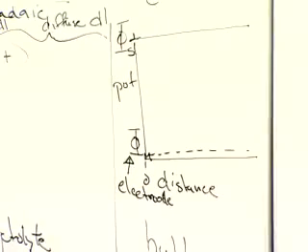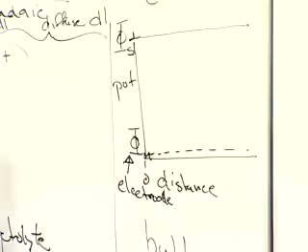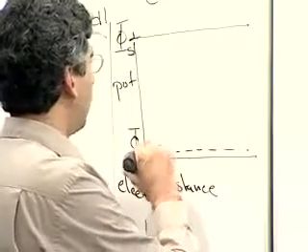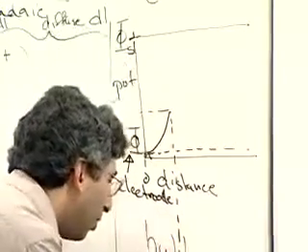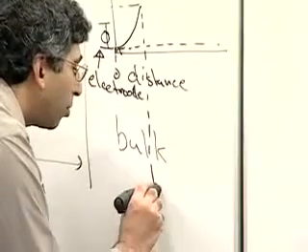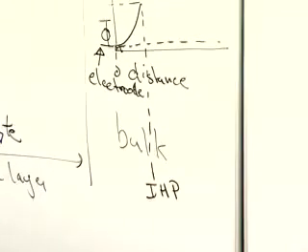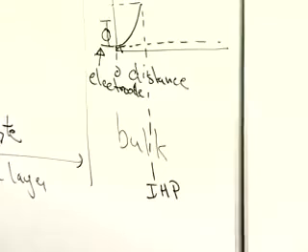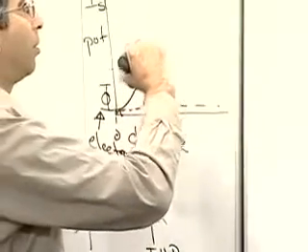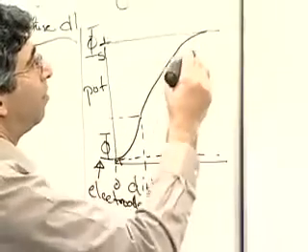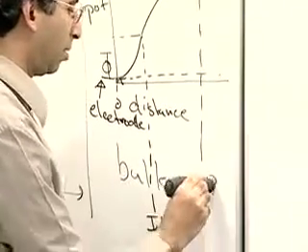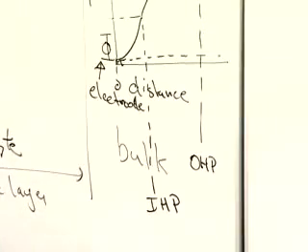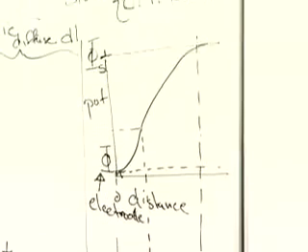That potential drop has to occur through this double layer, so I'm going to get a very steep potential drop through the inner Helmholtz plane, IHP, and then a smoother drop off in potential until I get out here to the outer Helmholtz plane, OHP. So I'm dropping a huge potential across that double layer.